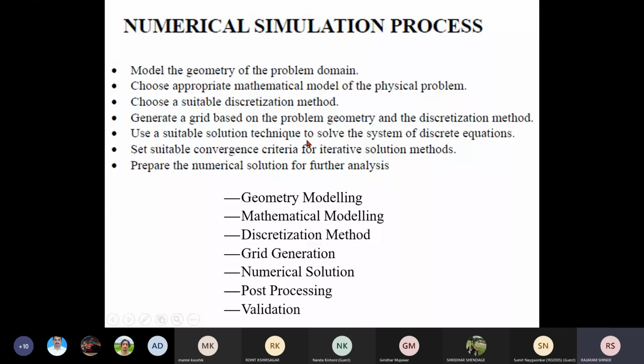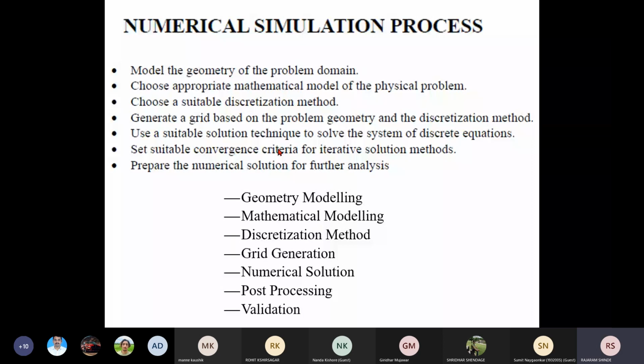Again, these solution methods are iterative methods, so we need to set some convergence criteria. Depending upon your requirement, how accurate results you need, that defines the convergence criteria.